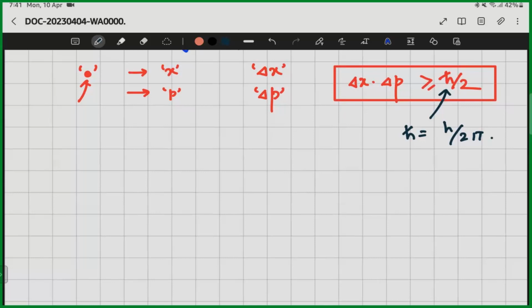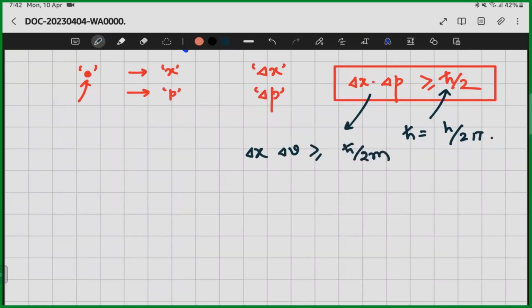If del x del p is 0, that means there is no uncertainty, right? In a classical particle, there is no uncertainty. We can measure both the velocity, which essentially means the momentum, because we can write del p as m del v.